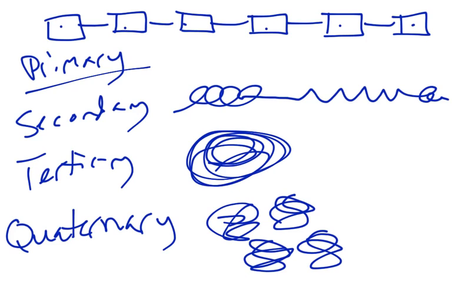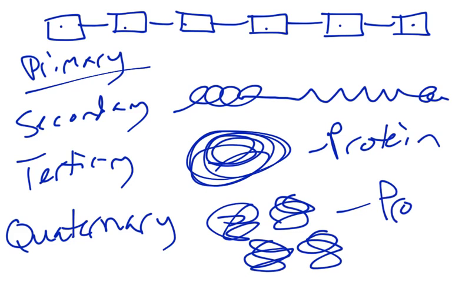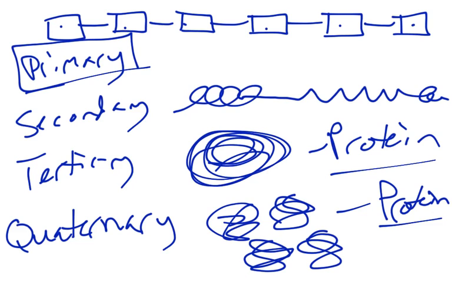More than one polypeptide together, that's quaternary. Now you could have a protein just at the tertiary structure, but most proteins are going to have the quaternary structure. You can have both though. So those are the four structures of protein. The most important is the primary because that determines the rest and its function.